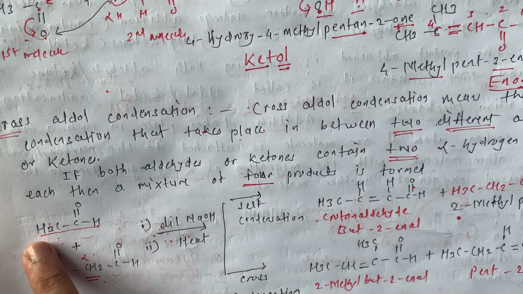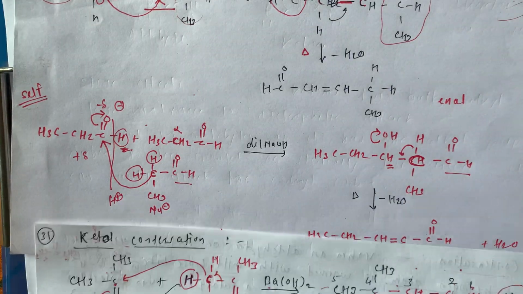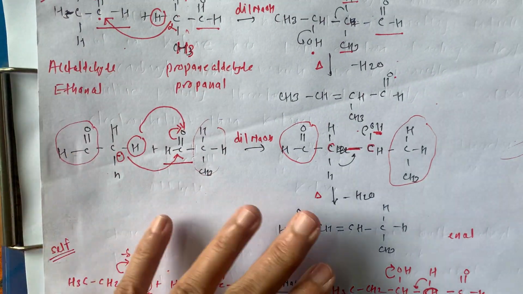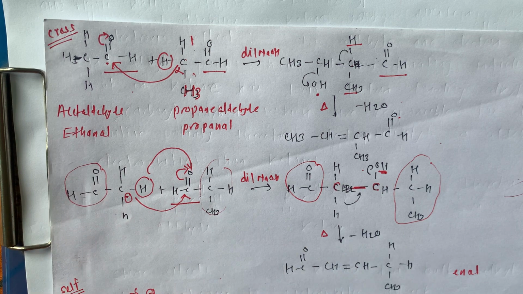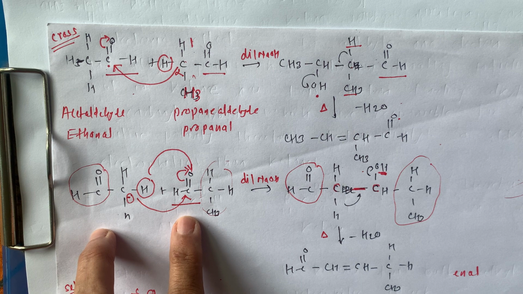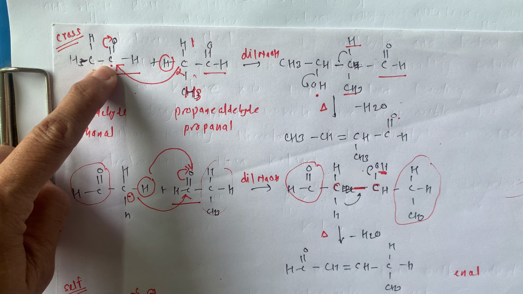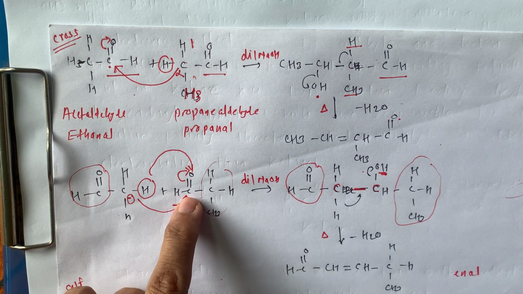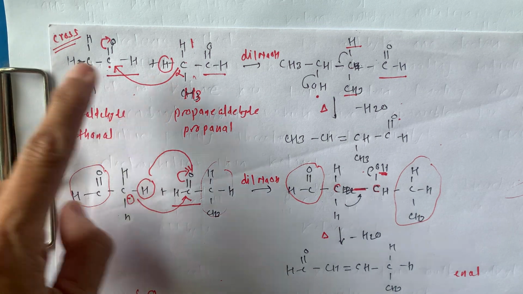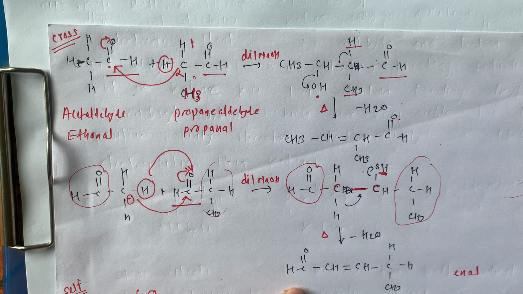I explained it here by writing the different reactions, changing only the positions. Try to understand how it is going to attack. In this case we use this carbonyl carbon, while in the second case we use this carbonyl carbon. This is propanaldehyde, while this one is acetaldehyde. So different products: this is the third product and this is the fourth product.